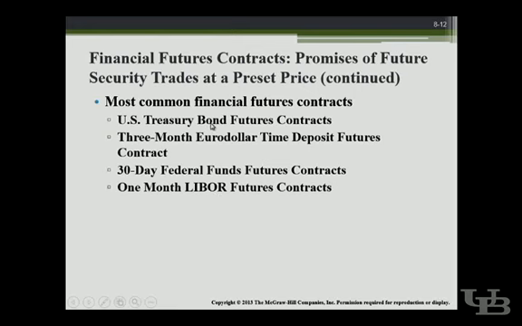For example, as you all know, if market interest rates rise, bond values will fall. As market interest rates rise, eurodollar time deposit values fall. As market interest rates rise, Fed funds futures contract values fall. If market interest rates fall, treasury bond values go up.